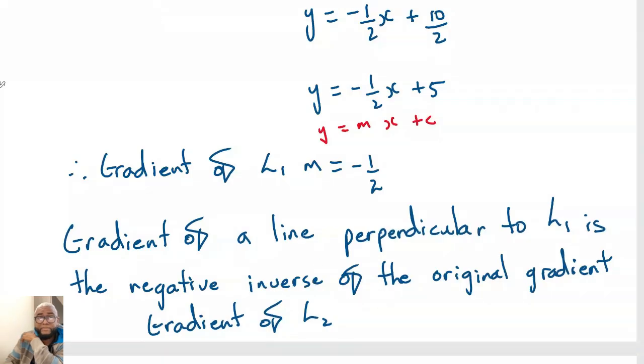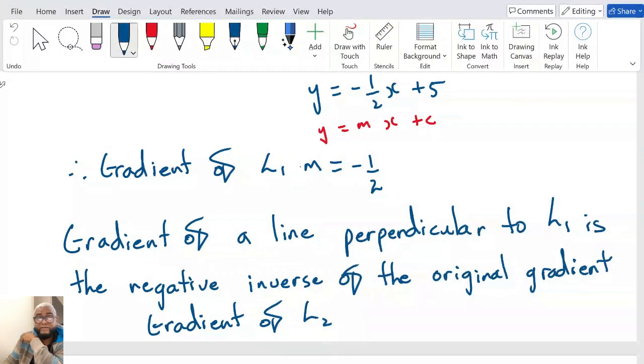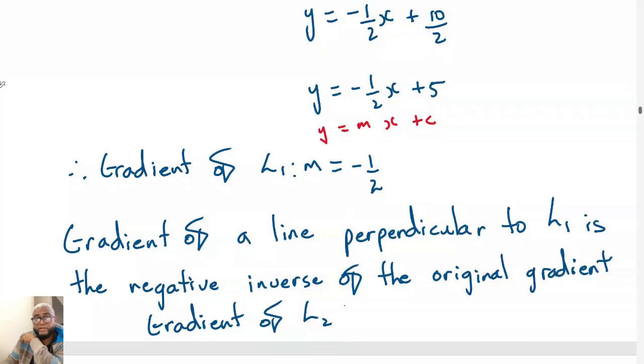So I put in common M here again. I could put a colon here. Put a colon here too. Common M2 would be equal to the negative inverse, as you flip it. So negative 1 over 2 becomes negative 2 over 1, and you multiply by negative 1. Flip it and multiply by negative 1.